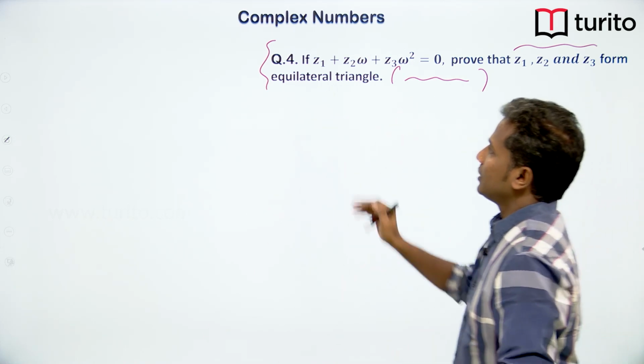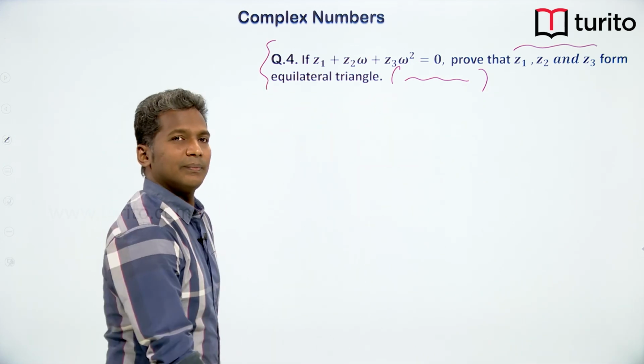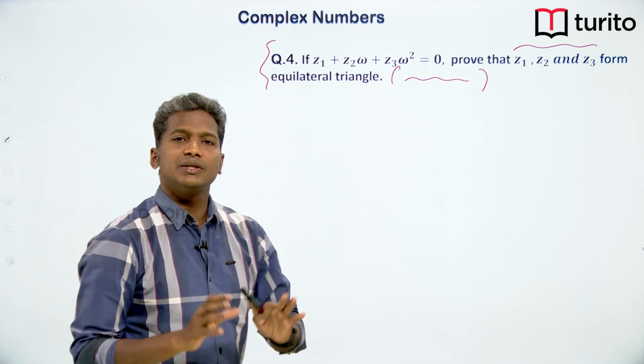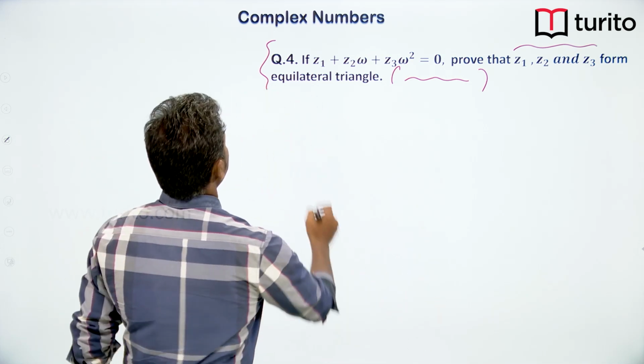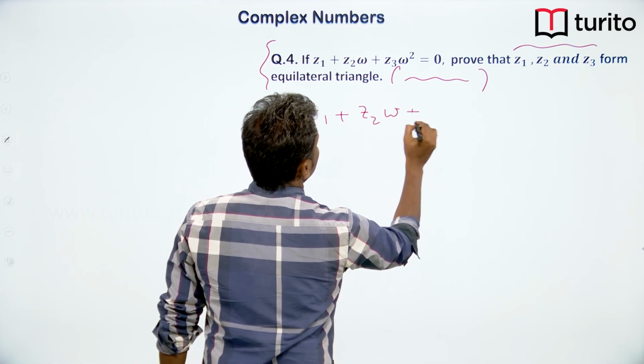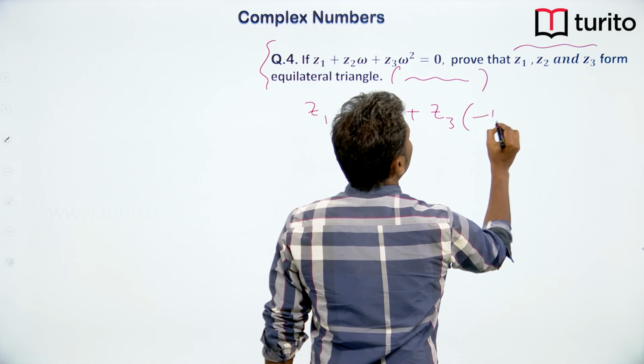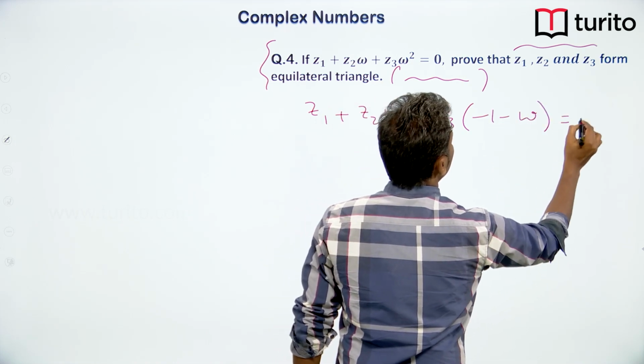Now, how do we prove that they form an equilateral triangle? Here I will solve this question using complex rotation. What I am doing is, instead of omega square, I am writing minus 1 minus omega.